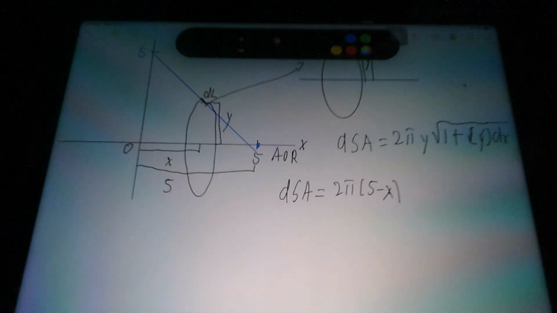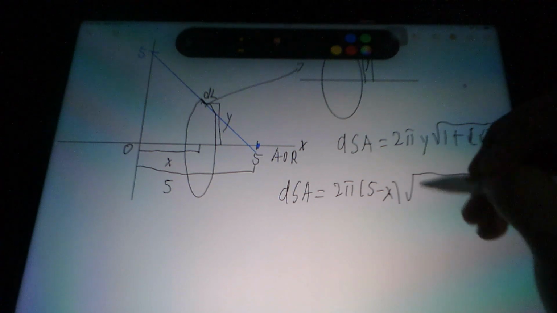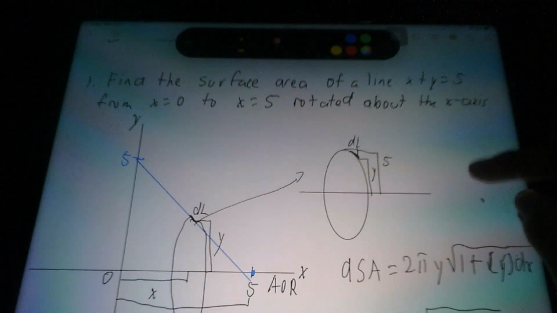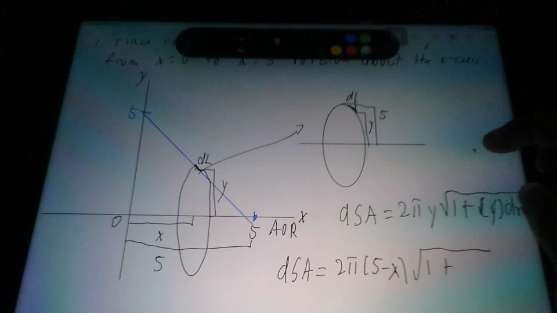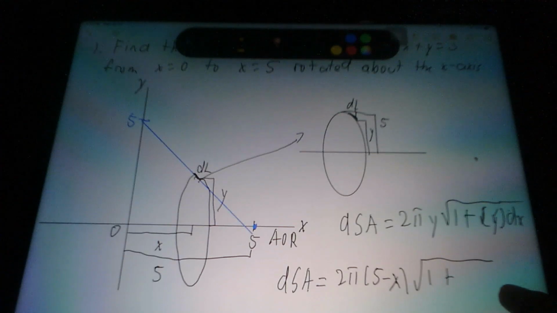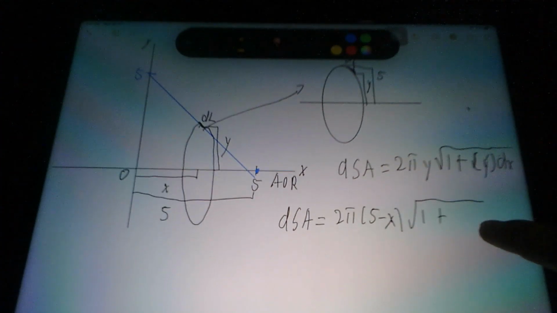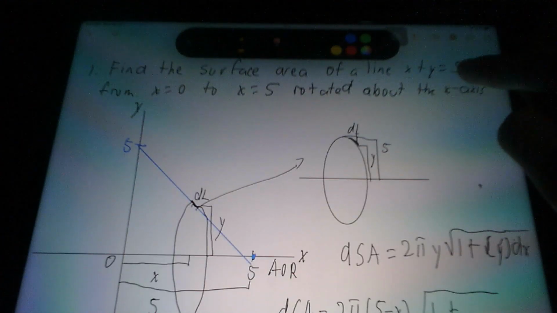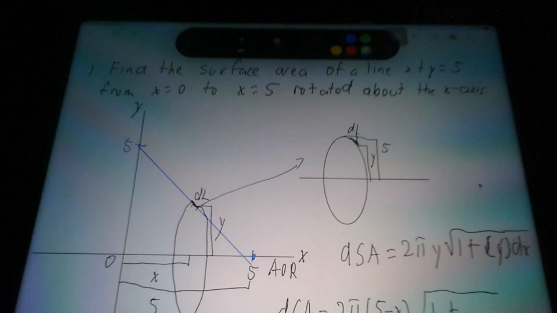Okay, so the square root of 1 plus our y prime here. Let's say if we put our x equal to 5, our slope is just equal to -1.